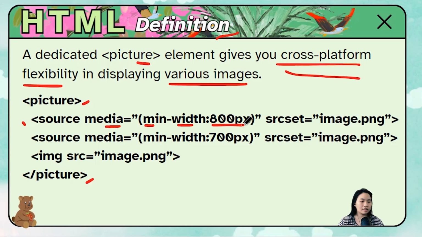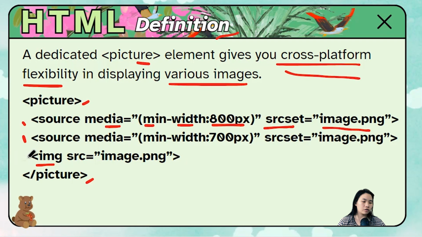If the screen size is 800 pixels or smaller, display image.png within the source set attribute, and the same goes for this. So you can understand where the flexibility of screen sizes comes from with the picture tag. That is something that you cannot have with the good old image empty tag, okay?